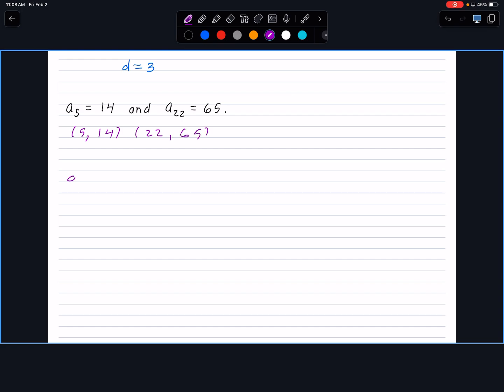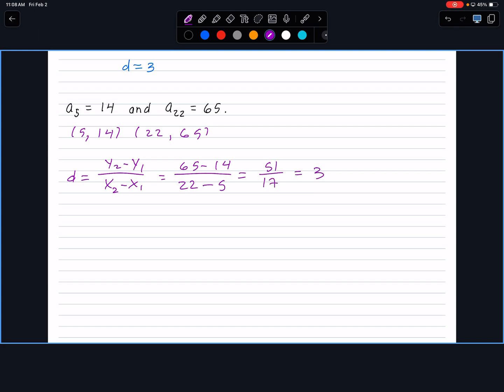The slope, which I'm going to designate this time as d because it is going to be the common difference, is, reminder, y2 minus y1 over x2 minus x1. So in this case, it's going to be 65 minus 14 over 22 minus 5, which is 51 over 17, which is 3.